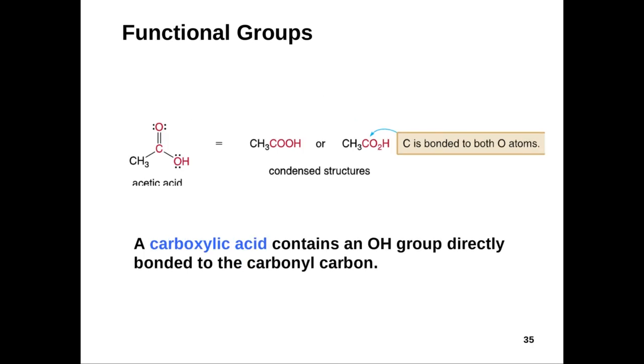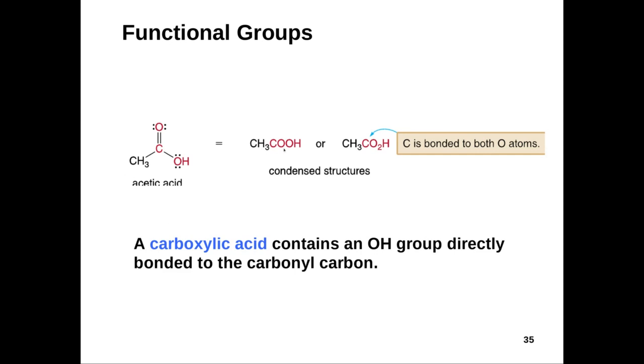We could do the same thing with carboxylic acid. In this case, we have acetic acid, or that gross compound known as vinegar. Vinegar is gross. I don't care what anyone says. Now remember, carboxylic acids have an OH group directly bound to the carbonyl atom. So the central carbon is bound to a hydrocarbon and to 2 oxygens, one of which has a hydrogen attached to it, and the other has just 2 lone pairs.